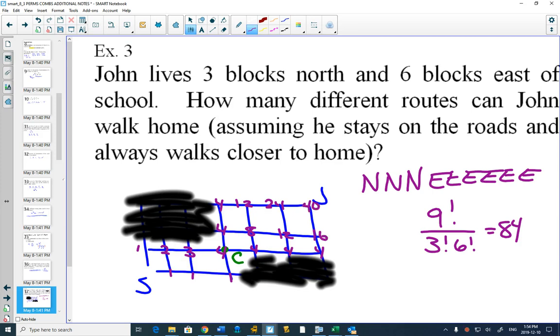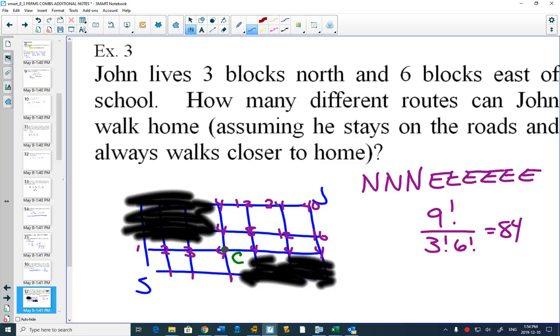Now there would be 40 paths home. So if he had to walk past Cynthia's house, now there's 40 paths home. So this is an example of where the spaces, or counting it along the grid, probably is easier.